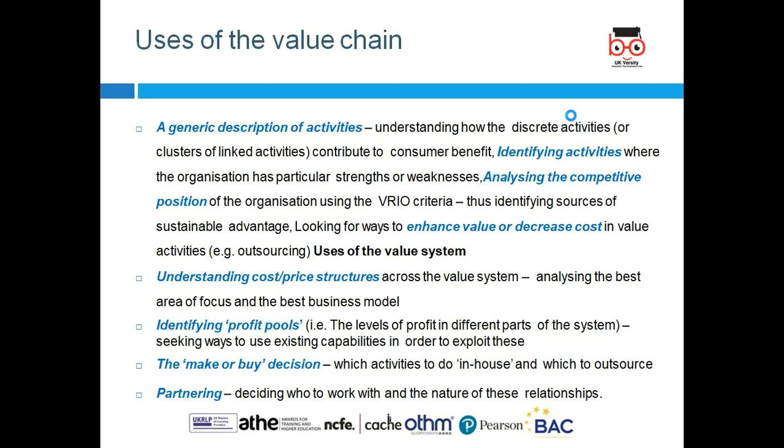Okay, next we have the use of the value chain: a generic description of the activities, understanding the discrete clusters and linkages, identifying the activities, analyzing the competitive position in the industry, enhancing value or decreasing cost, and understanding the cost and price of any systems in the organization. Basically we want to create competitive advantage when we do long-term planning.